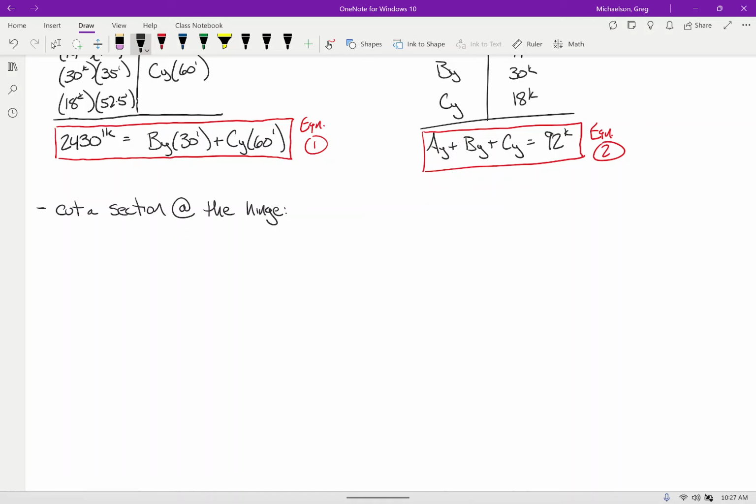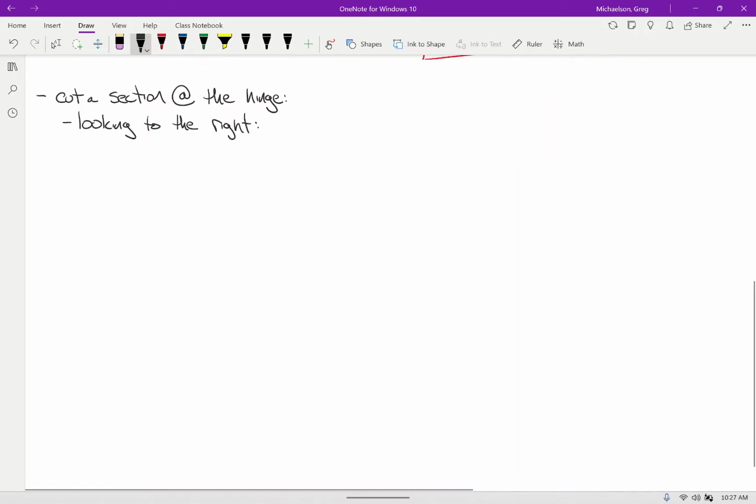So we're going to cut a section at the hinge. And we're going to look to the right.